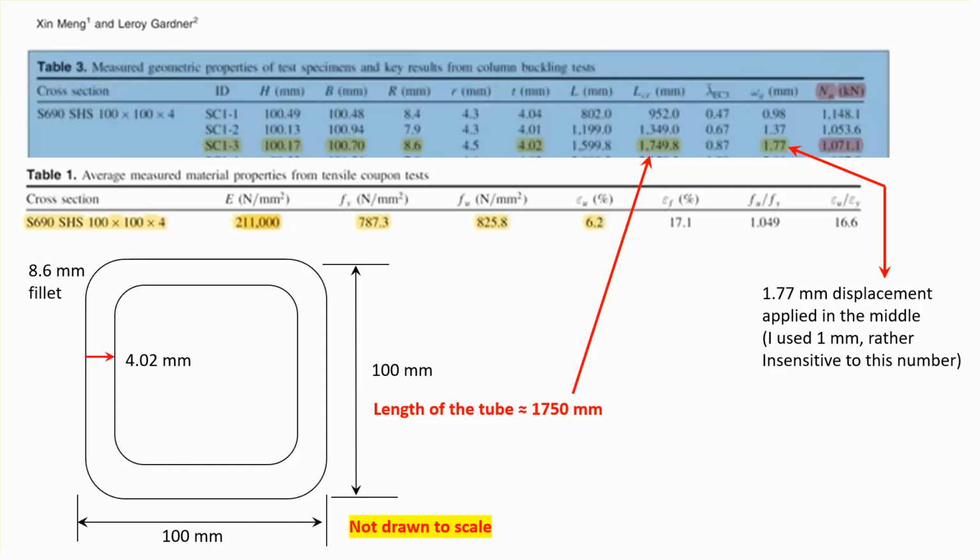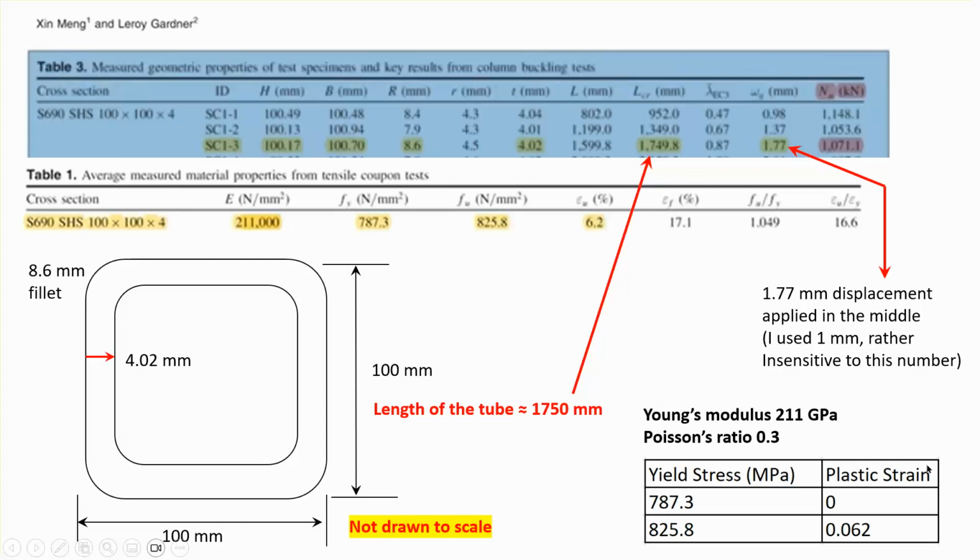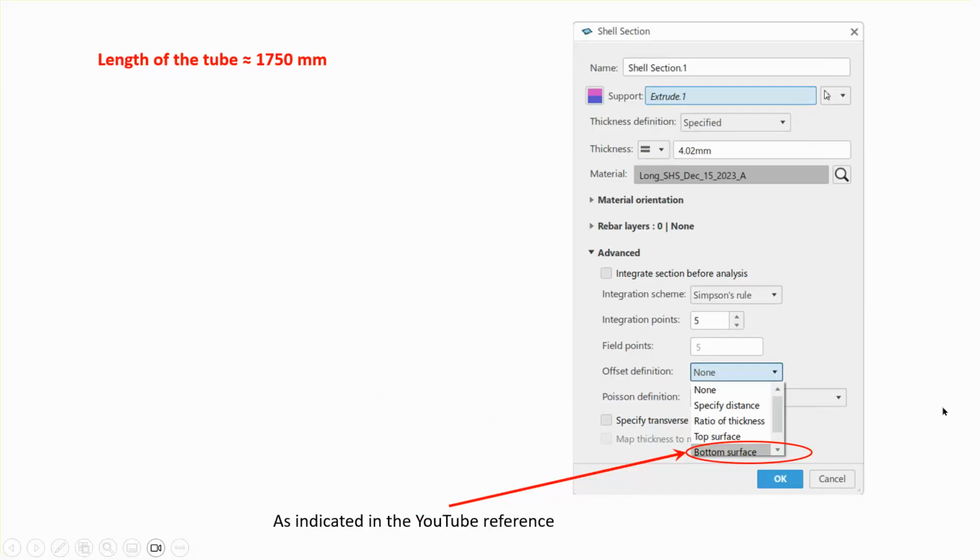I do that by applying 1 millimeter to the middle section of this tube, making it bow out, okay? And once that is done in the nonlinear static step, then I do the nonlinear Riks step, okay? So here's the data coming from that table, and let's move on.